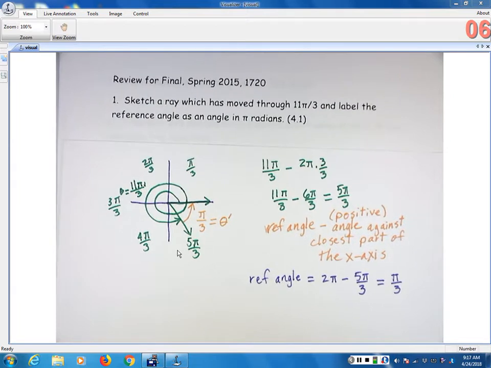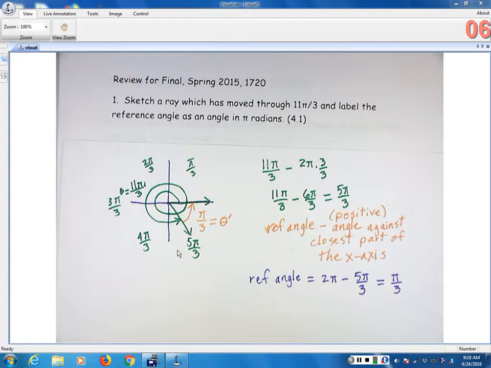For example, if we knew that our ray was in the third quadrant as opposed to the fourth, you would instead take whatever that is and add pi to it to get your... Yeah, exactly. So you determine which quadrant it is to determine what you're adding or subtracting. It's just the angle against the closest part of the x-axis.